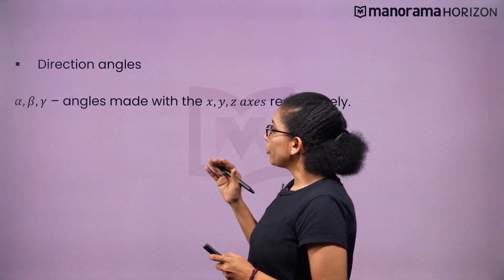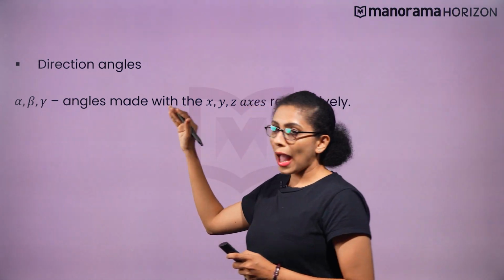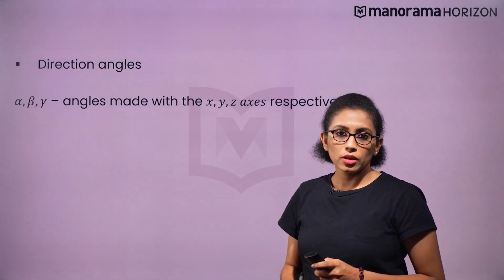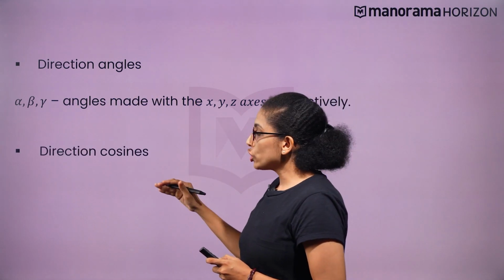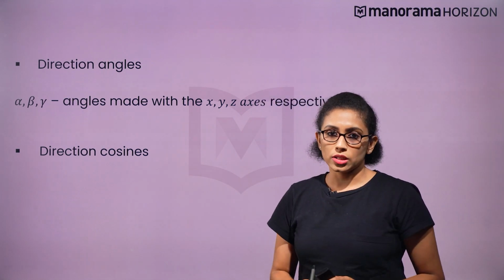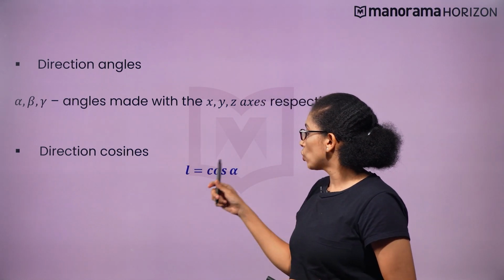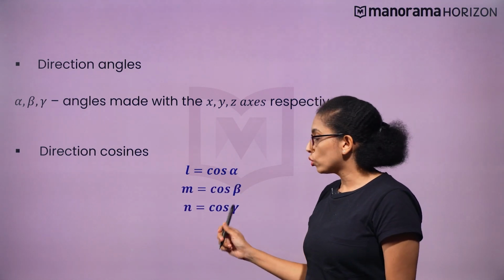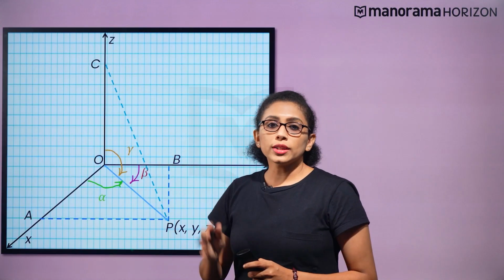Here, alpha, beta, gamma are the angles and these are called the direction angles. Now, the direction cosines of the vector R are the cosine values of these angles. So, they are represented by L is equal to cos alpha, M is equal to cos beta and N is equal to cos gamma.